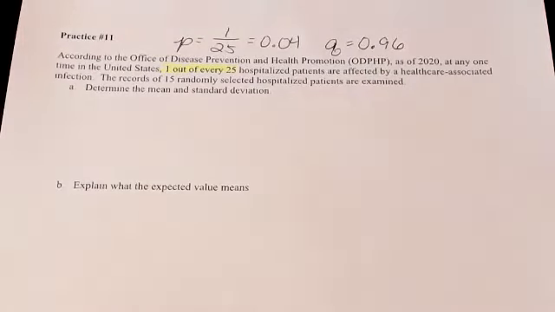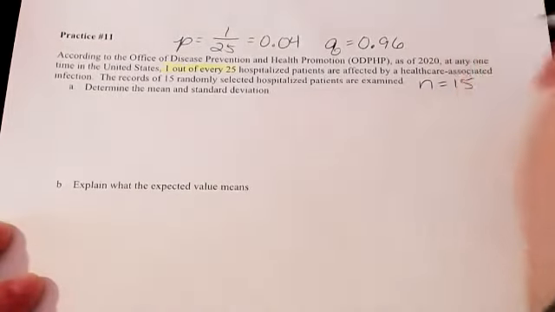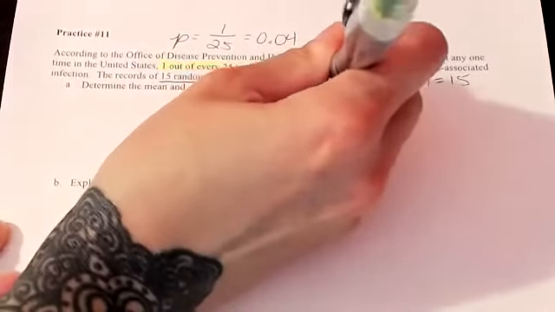Ah, Emma, yes, Ava, excellent. So the ladies are saying what we're told is that we are choosing 15 randomly selected patients. That implies our N is equal to 15, okay? 15 randomly selected patients. So that's our N.